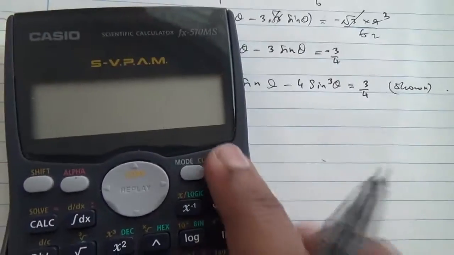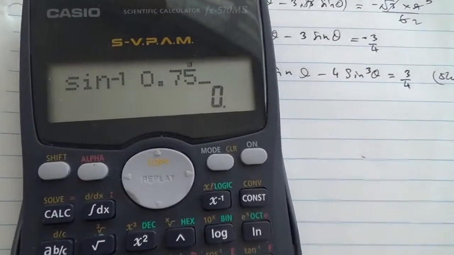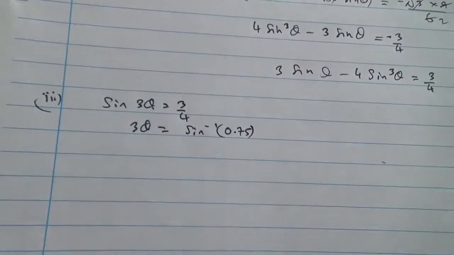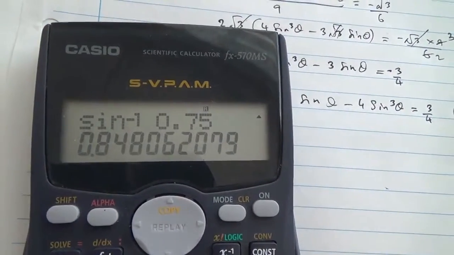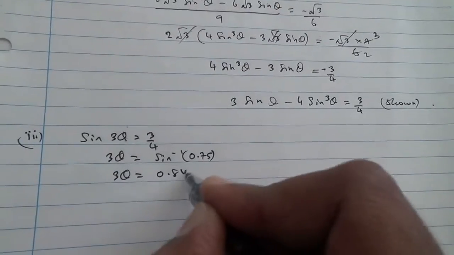Do that in the calculator. Inverse of sine 0.75, you're going to get 0.848. So therefore 3 theta is equal to 0.848.